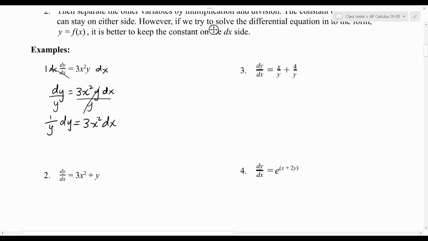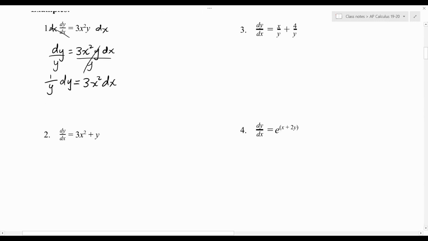Let's do another example. dy/dx equals 3x squared plus y. So we want to separate our variables. Times dx on both sides. Now, because we have plus, we need to put parentheses. So we get dy equals parentheses 3x squared plus y, dx.